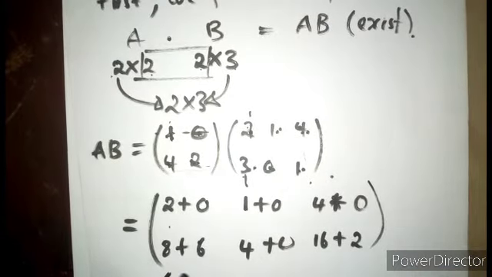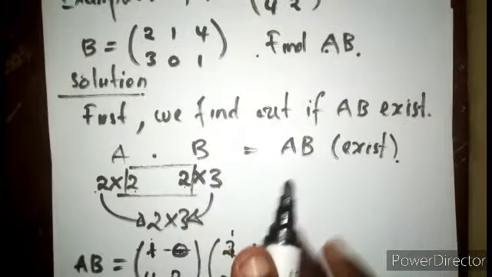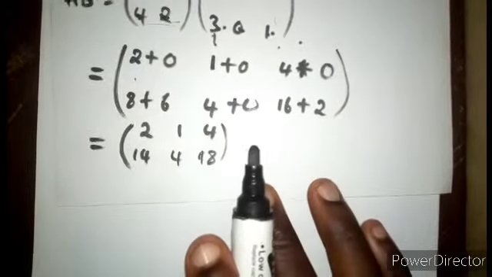See that the matrix we have is [2 1 4; 14 4 18]. And clearly, this is a 2 by 3 matrix as we predicted here. So it means we are correct.